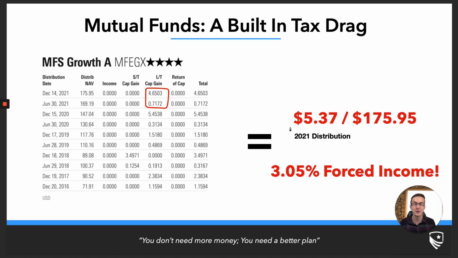Now that $5.37 doesn't mean a whole lot to us as investors. We need to compare that to the overall share price of that given mutual fund. I'm using the last share price here at the end of the year, or of the last distribution, of $175.95. When we divide $5.37 of this 2021 distribution by $175.95 of the share price, we see that 3% of this mutual fund was forced as a distribution to investors.